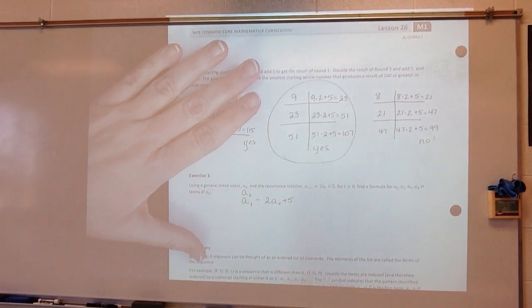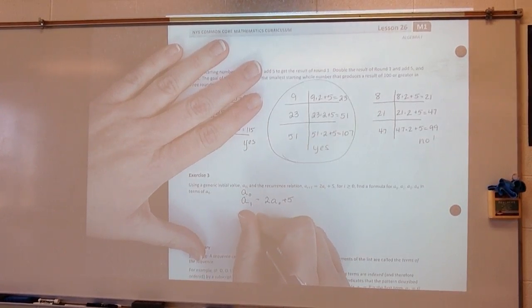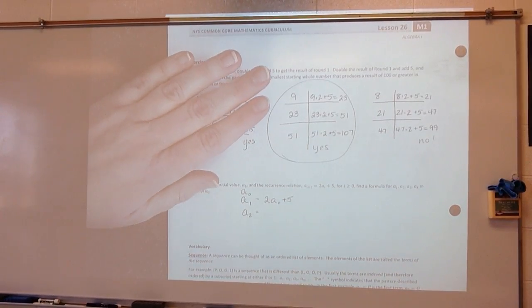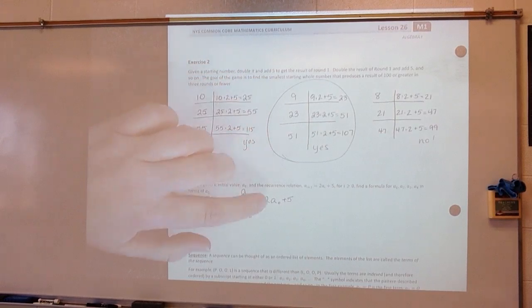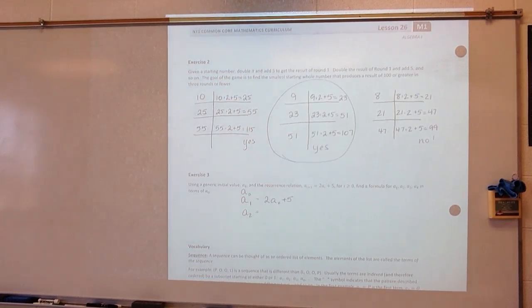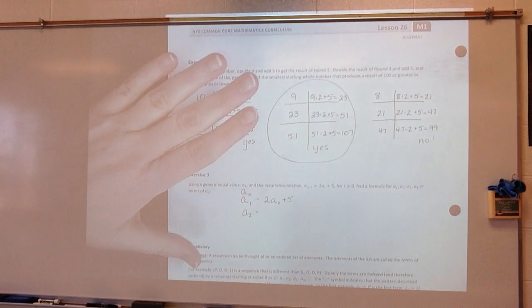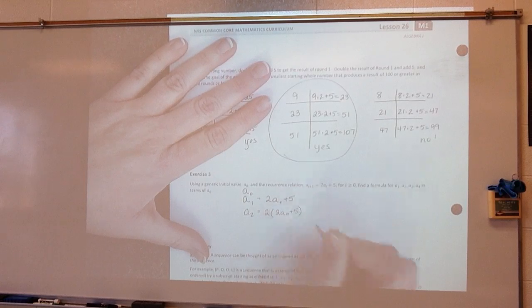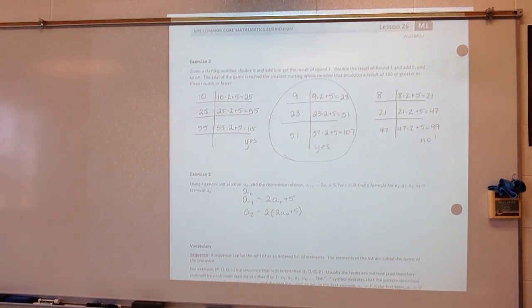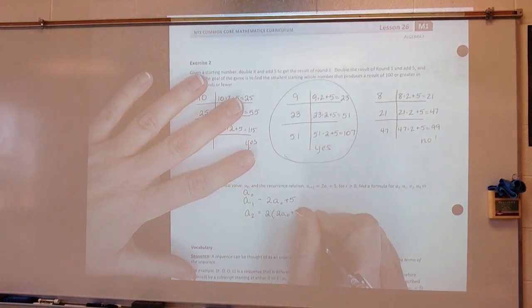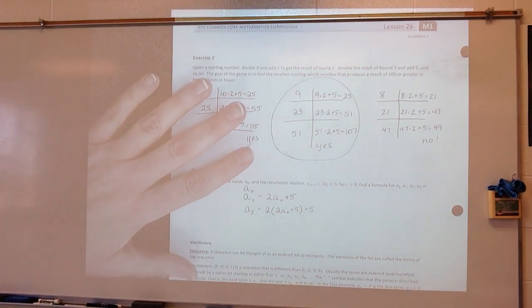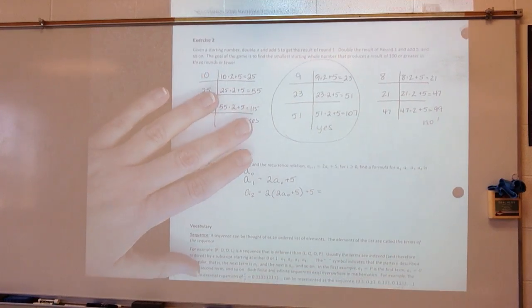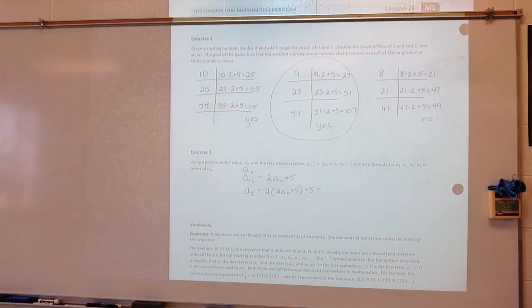Alright, so let's talk about what I would be doing to get a sub 2. Well, I'm doubling that again, so I'm doubling this, and then adding 5. So I can simplify that.